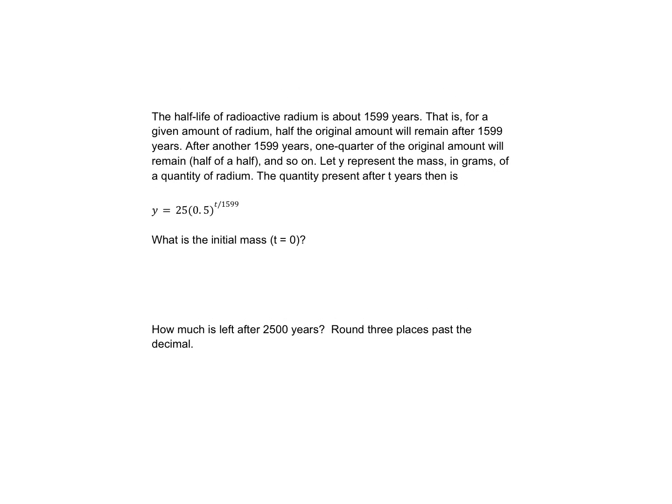But the example we're going to look at is the half-life of radioactive radium. Okay, so radium is an element, and its half-life is 1,599 years. What that means is that after 1,599 years, half of what you started with will remain.